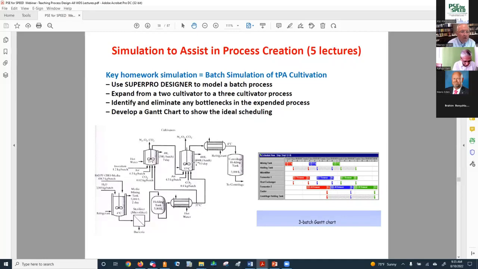When we help the students do this in chapter 7, we show them how to do it for just 2 cultivators. Okay, leave the third one off. And they then see what happens when they run the simulation with just 2. And they can see there's the bottleneck unit. It's the second fermenter. They can see the cycle time, all of that. Then they're asked to do it on their own to add the third cultivator. That works very well. Okay, I'm going to stop sharing.